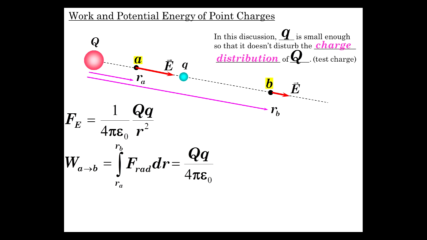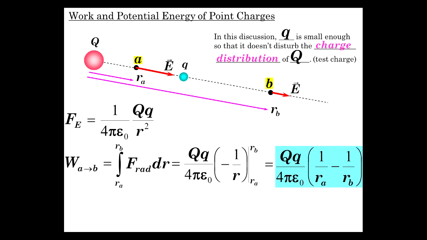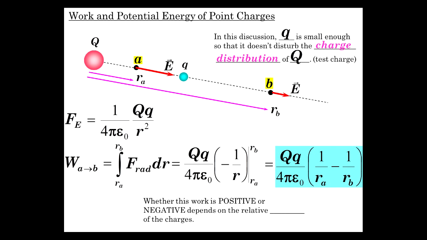So that's Qq over 4 pi epsilon 0. The integral of 1 over r squared is negative 1 over r from rA to rB. And that gives us Qq over 4 pi epsilon 0, times 1 over rA minus 1 over rB. Now that work from the mathematical equation is positive or negative depending on the relative signs of these charges.